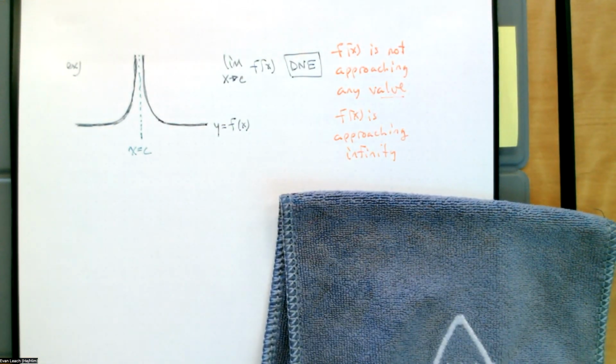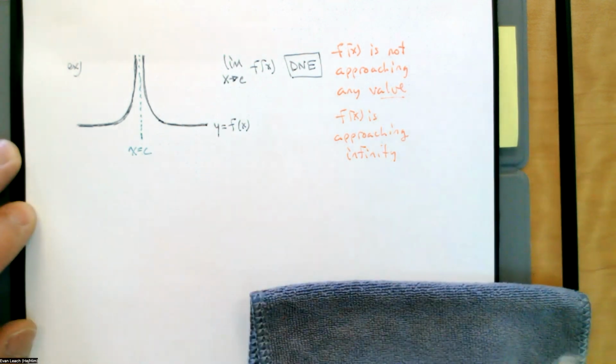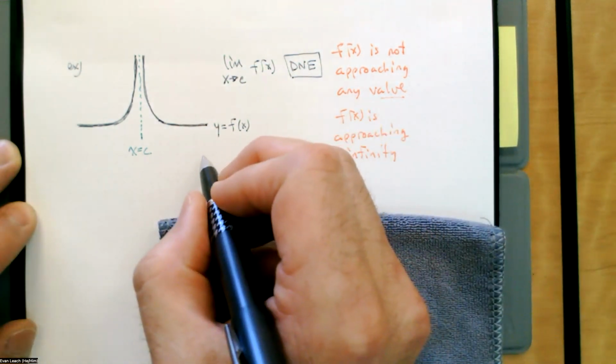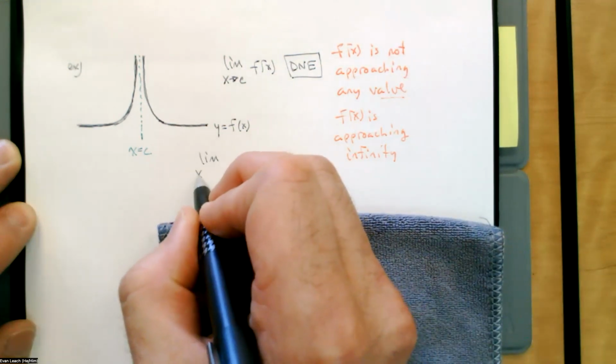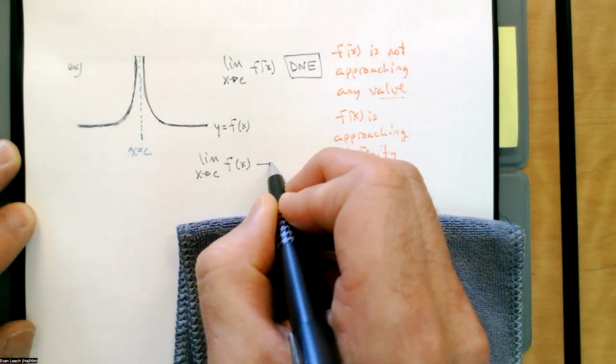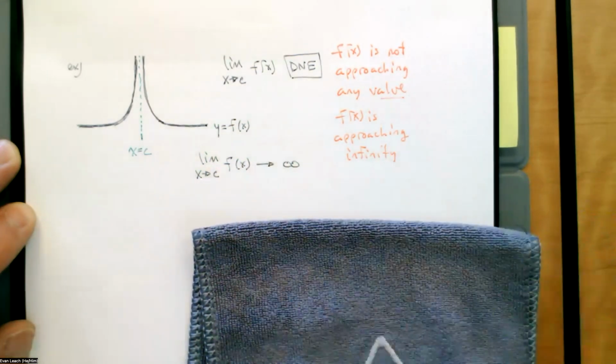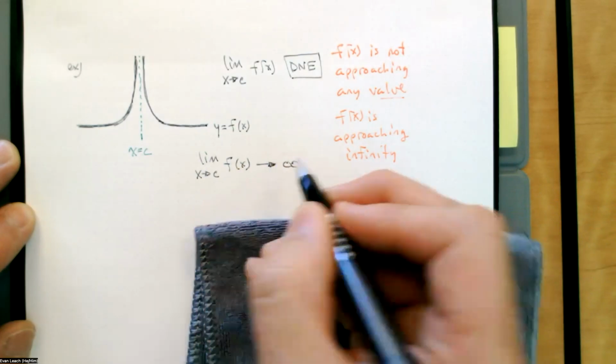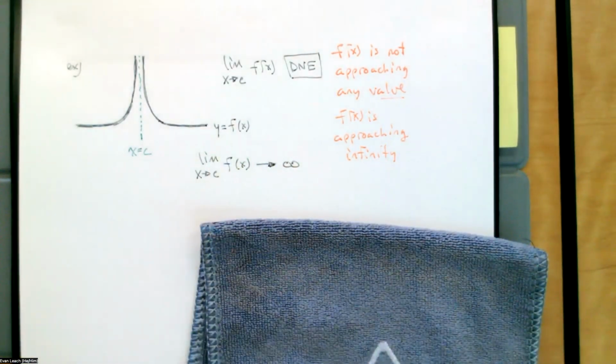So we don't want to say that the limit is infinity. We could say that the limit is approaching infinity, but only because both sides are going to the same infinity. This would be an acceptable way to express that. This would include some more information.